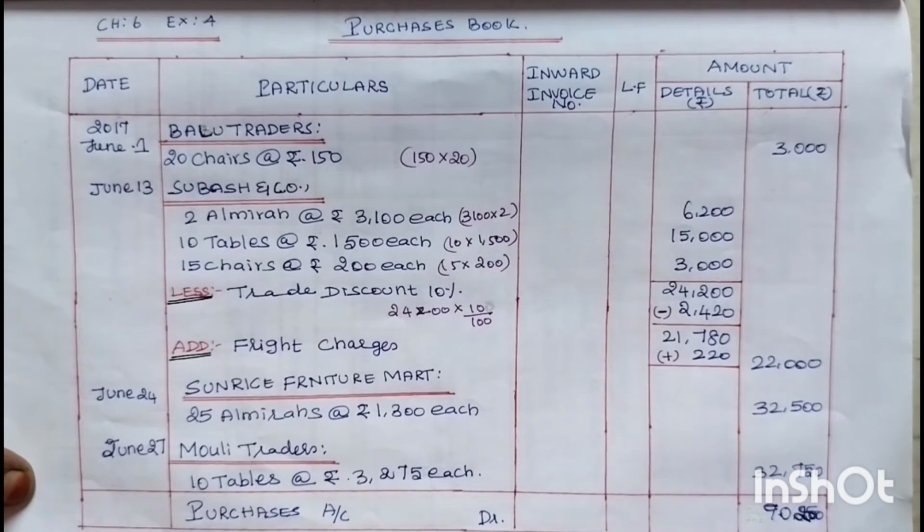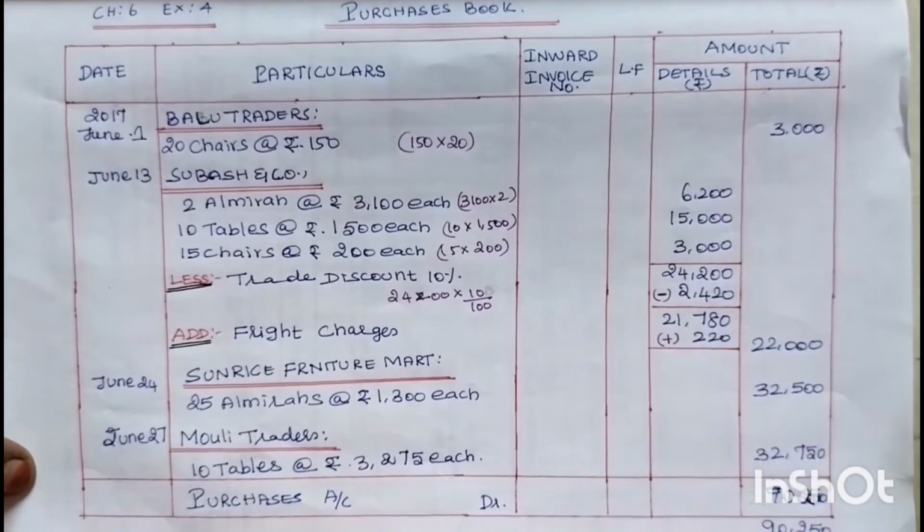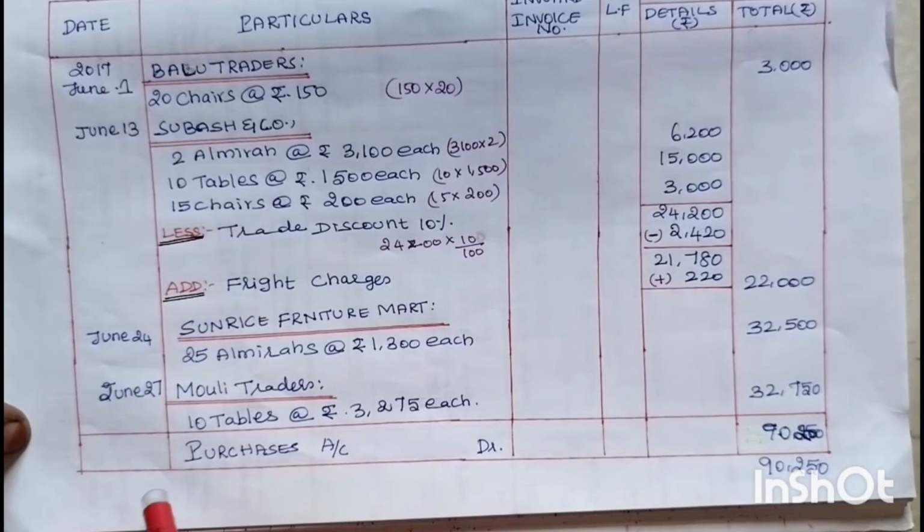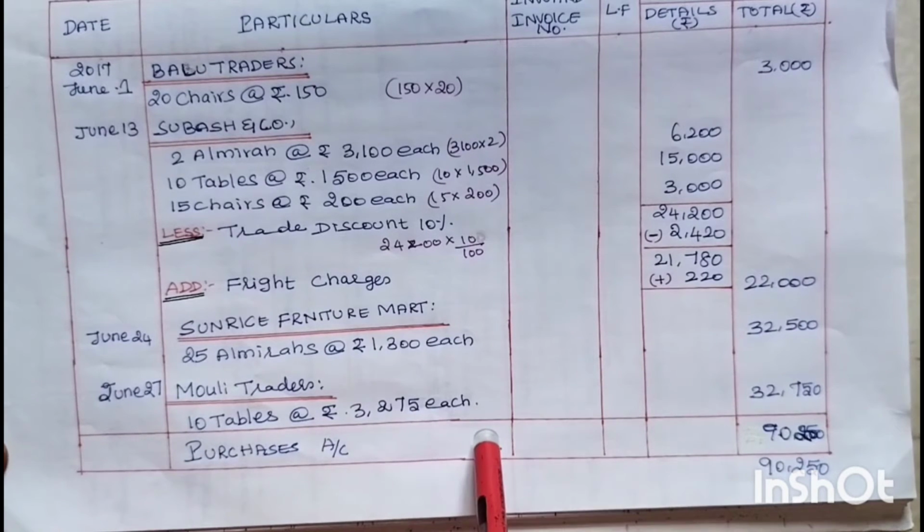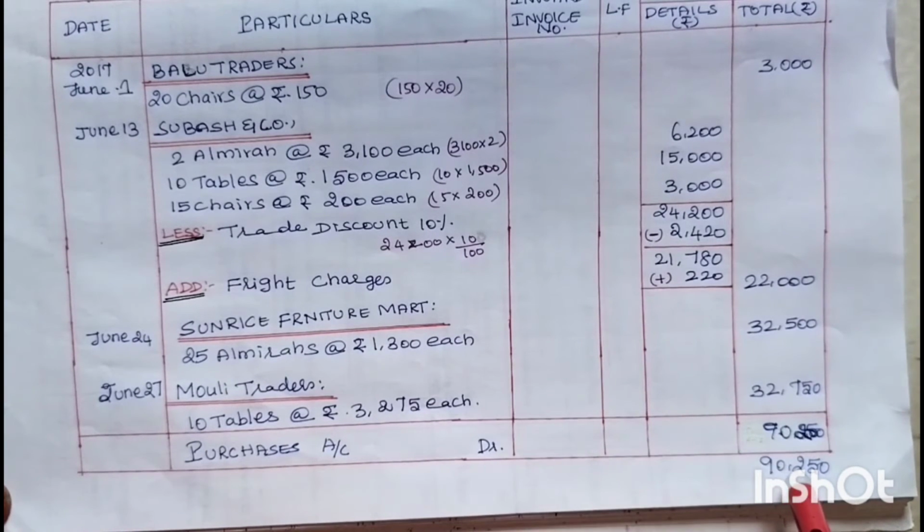So we have to write Purchases Account Dr. 90,250, right? In the particulars column we clearly write Purchases Account Dr. The total purchases value is 90,250.